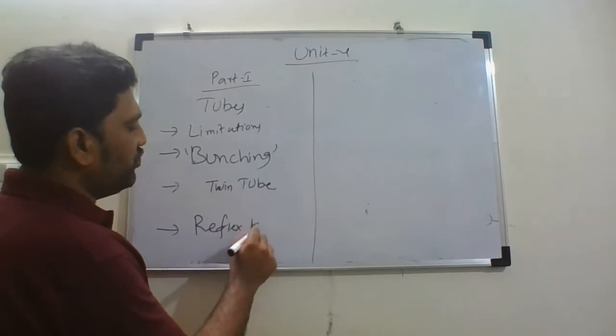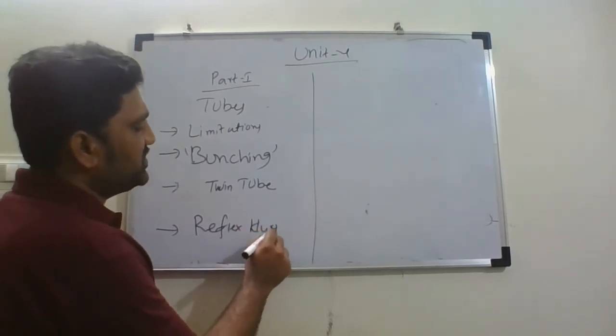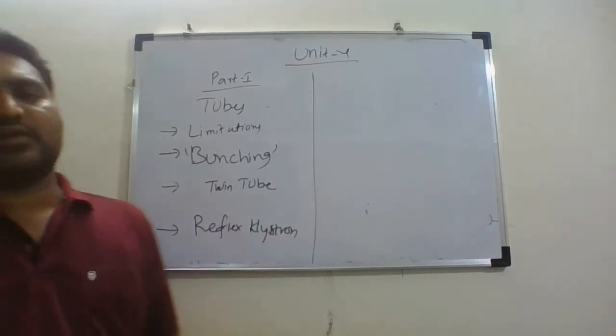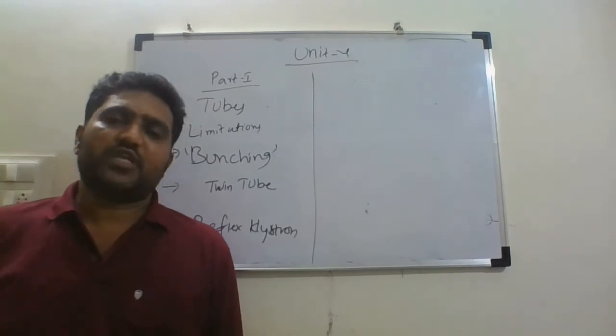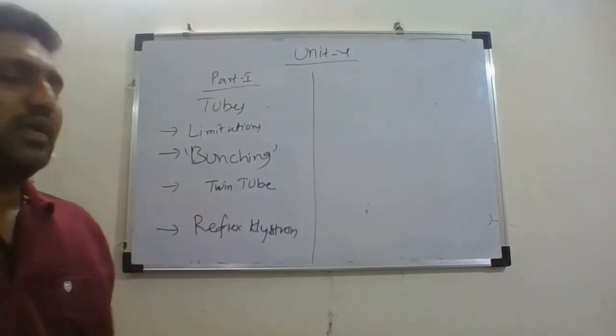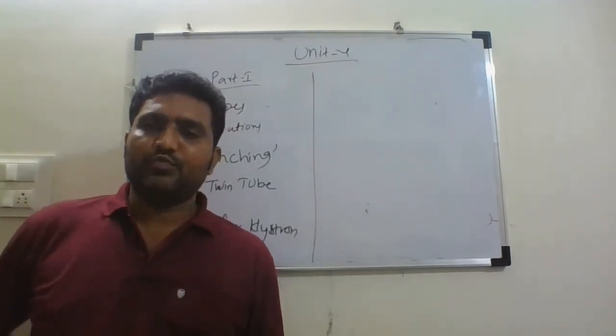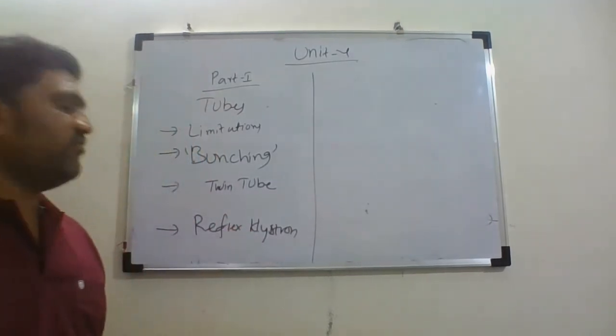These are the two very important tubes that we have. Firstly, we will be studying what is a two cavity structure tube, and then we will be studying the reflex klystron.